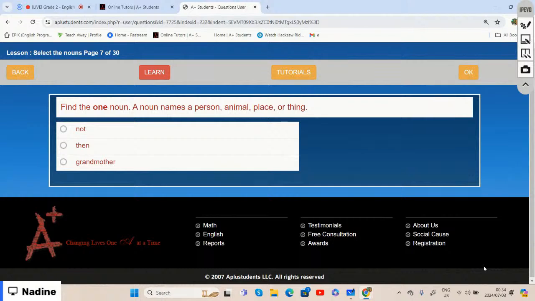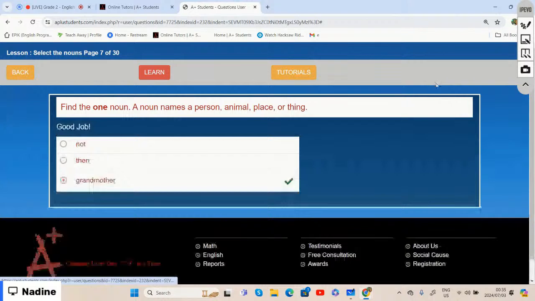All right. And if we were to select the correct noun, then yes, we would say option three, which is grandmother, right? And we can say grandmother names a person, because remember, we said if we name persons or people, it can be things like girl or boy or mother, father, uncle, aunt, grandma, granddad, right? So grandmother is a noun and it names a person. So well done.